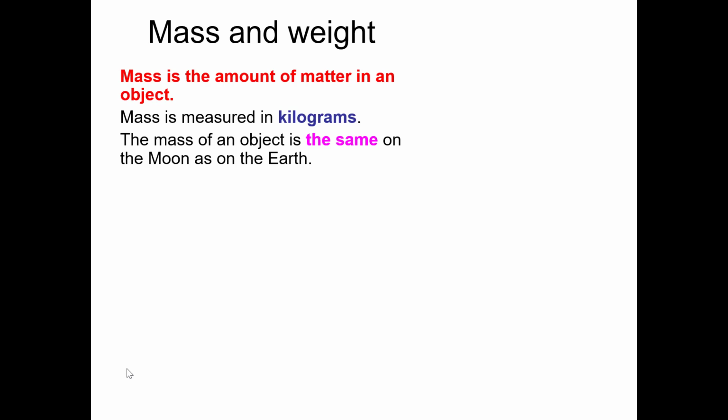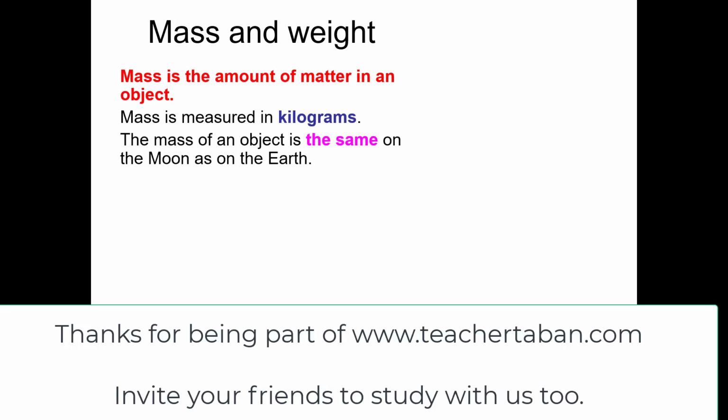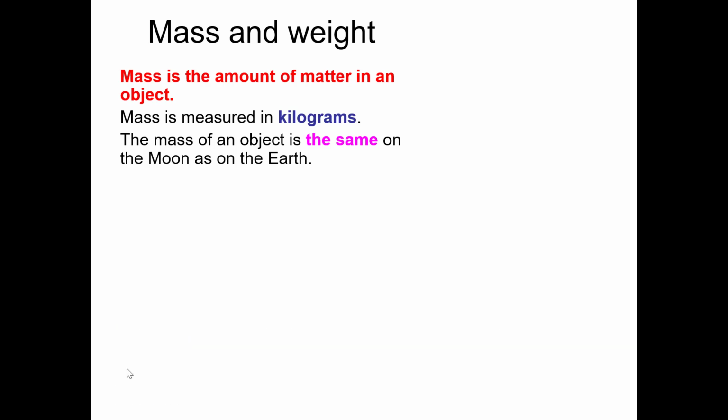In other words, any object that has mass is always attracted towards the ground, towards the earth if we're on earth, towards the moon if we're on the moon, towards Jupiter if we're on Jupiter, or on any other planet. Each planet has its own force of gravity.